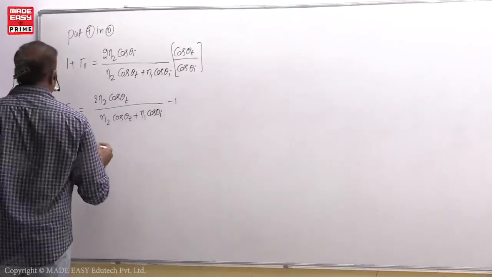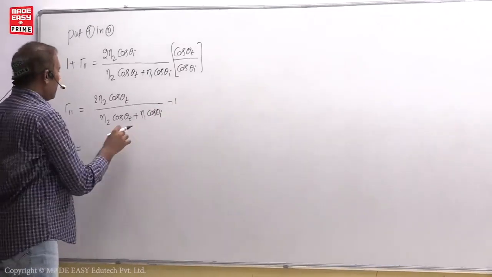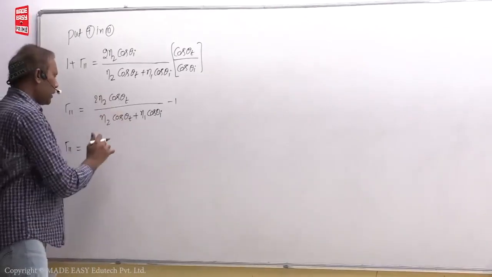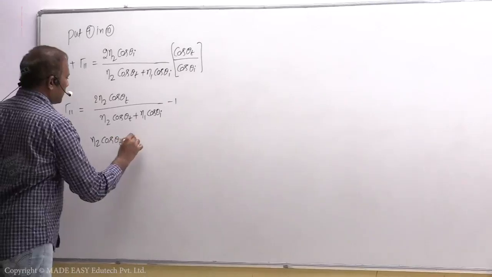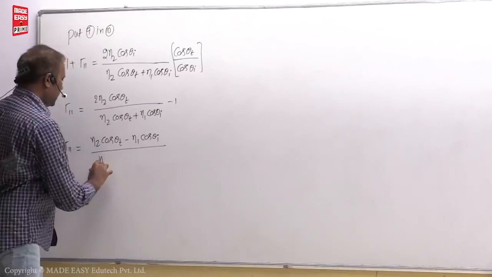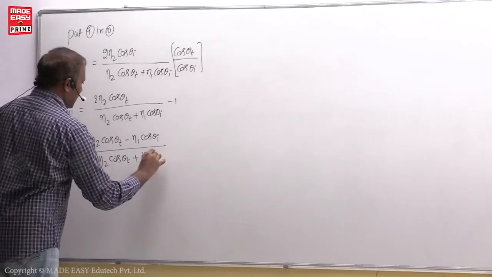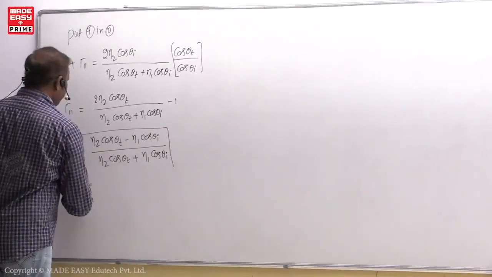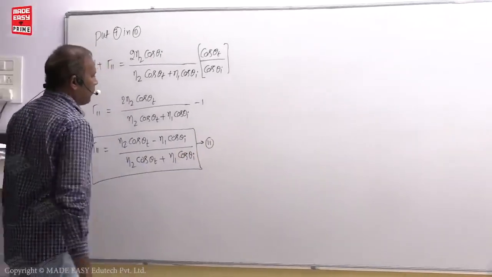Okay, now gamma parallel is equal to, it goes here now, then 2 eta 2 cos theta t, minus eta 2 cos theta t plus eta 1 cos theta I remains, so minus of eta 1 cos theta I divided by eta 2 cos theta t plus eta 1 cos theta I. So this is equation number 11.